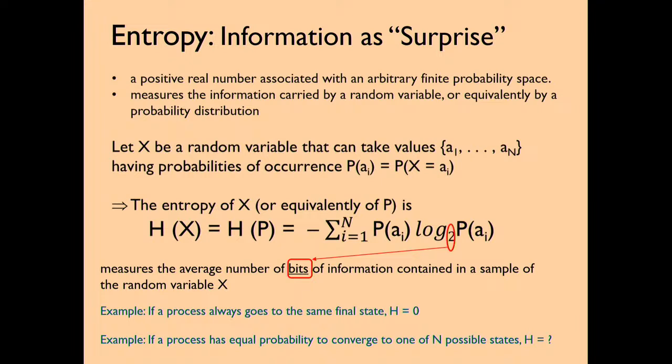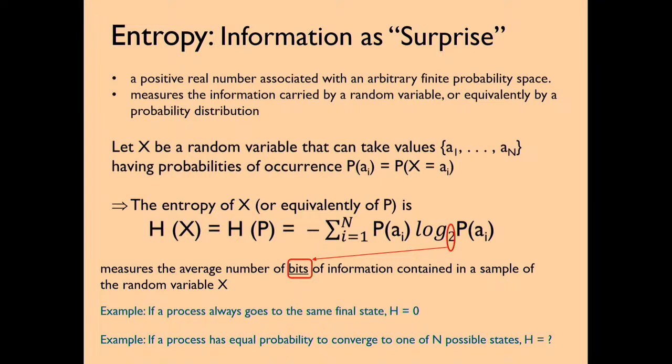So for example, if the process is known to you and always has the same final state, it's a completely biased coin. No matter how many times I toss, it will give head, head, head, head. If you toss it n times, it will always give you head. So there's no surprise. If you calculate this, what will be P of A_i? The probability of being head is 1, and the probability of not being head is 0.